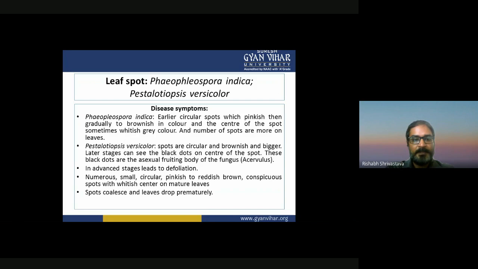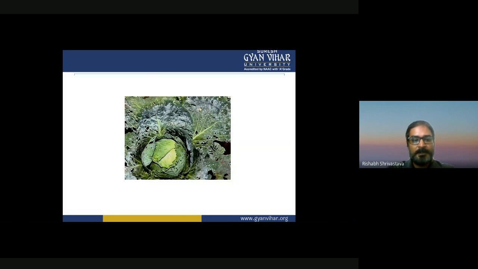In advanced stages, this leads to defoliation. Numerous small, circular, pinkish to reddish brown, conspicuous spots with whitish center appear on mature leaves. Spots coalesce and leaves drop prematurely.